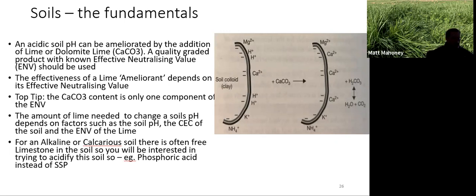So that's an important note, because a lot of farmers don't realise, and some agronomists out there don't realise either. You might have a lime that could have 90% calcium carbonate content, so its neutralising value might be 90%, but its effective neutralising value is the important one, and that could only be 70%.